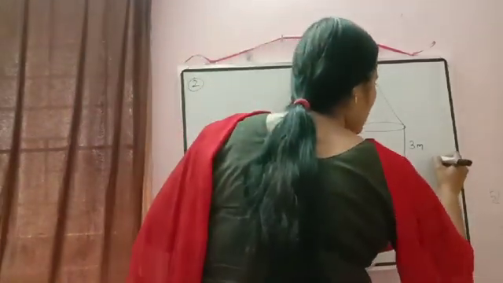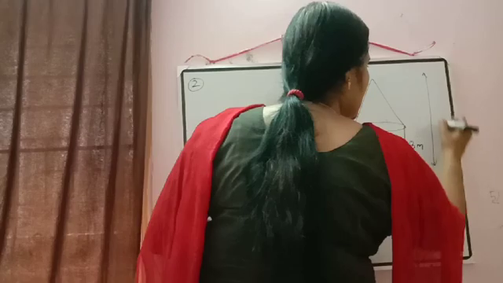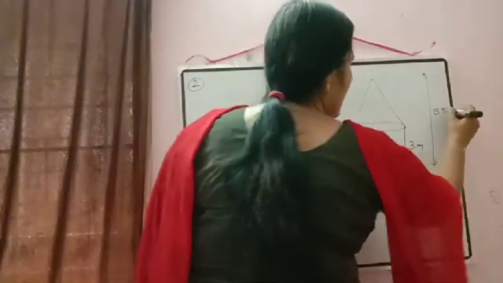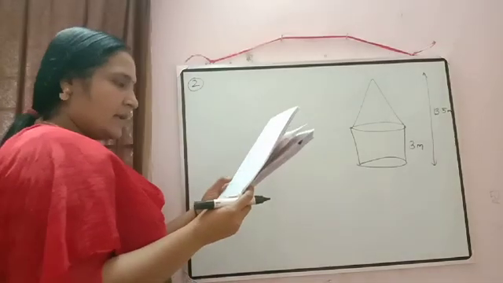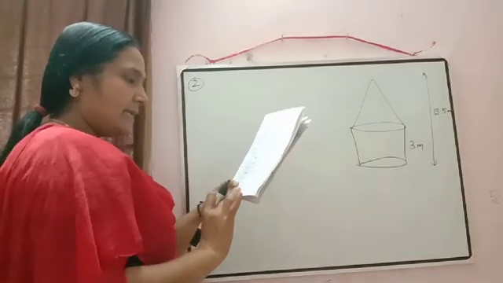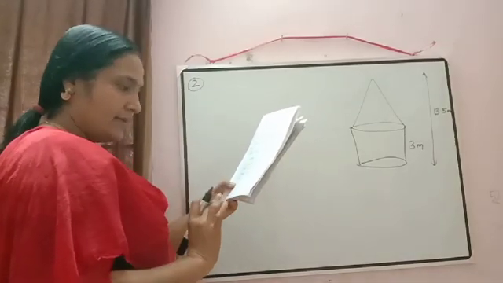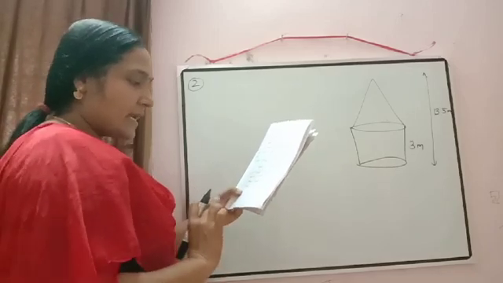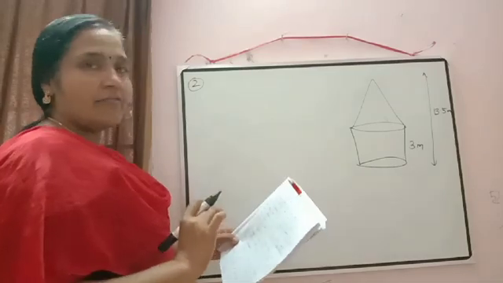So from the ground, the height of the solid is 13.5 meter. Calculate the cost of painting the inner side of the tent at the rate of rupees 2 per meter square if the radius of the base is 14 meter.